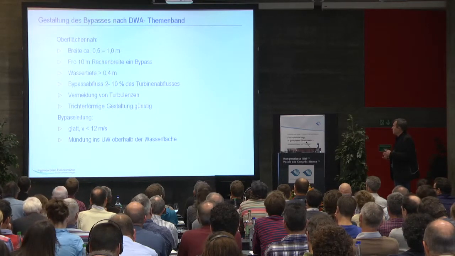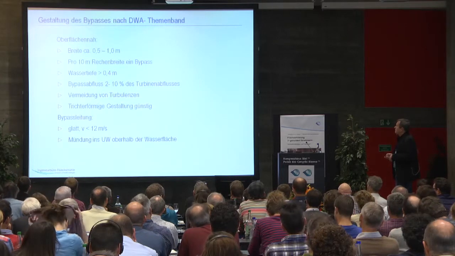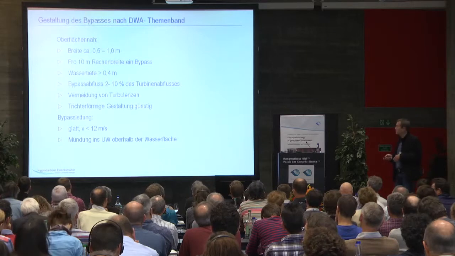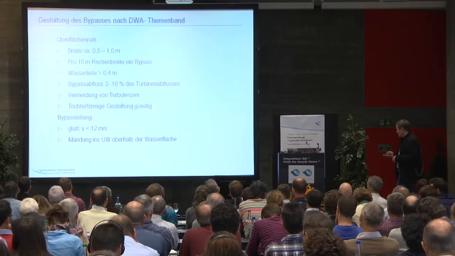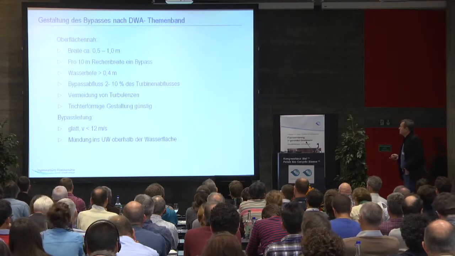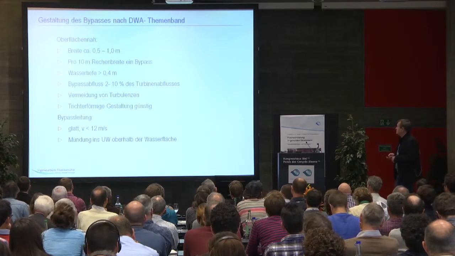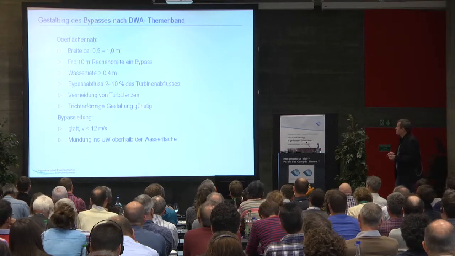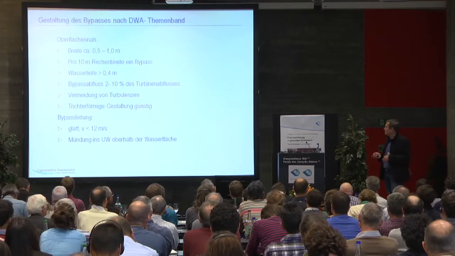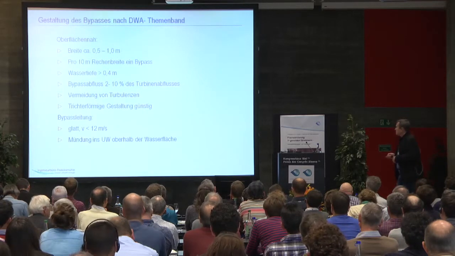And what is important here is to avoid turbulences, and we found that having a funnel-shaped design for the inflow is rather a good solution. If we have a bypass channel, then we must make sure these have a smooth surface, and the velocity within the channel must not be too high.